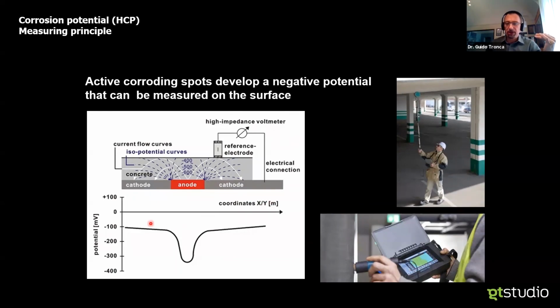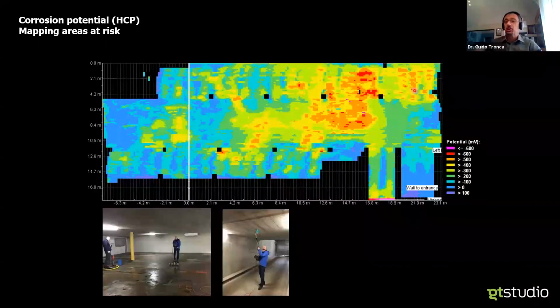The physical principle behind it is that I chase after this low potential spot indicative of ongoing corrosion, and that can be done by basically a traditional electrical circuit where a hand-held electrode or a wheel electrode is rolled onto the surface. Again, there's no way this will totally avoid traditional opening and visual inspection, but especially on large structures, it will provide a mapping of areas at risk.